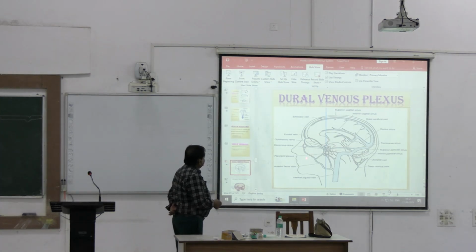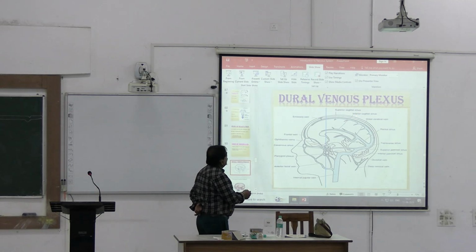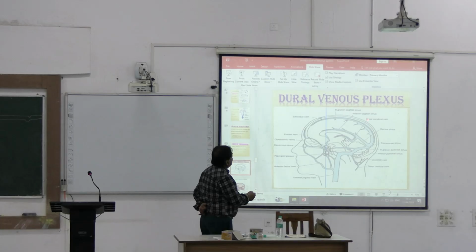Now, the anterior facial vein, pterygoid plexus, cavernous sinus, ophthalmic veins, frontal vein, emissary veins, superior sagittal sinus, inferior sagittal sinus, great cerebral vein, straight sinus, transverse sinus, superior petrosal sinus here, inferior petrosal sinus here, occipital vein, deep cervical vein.